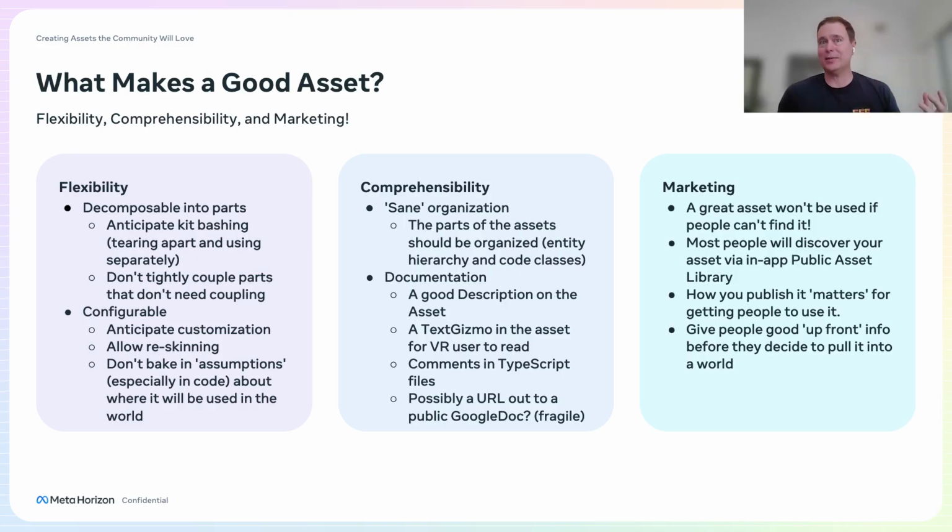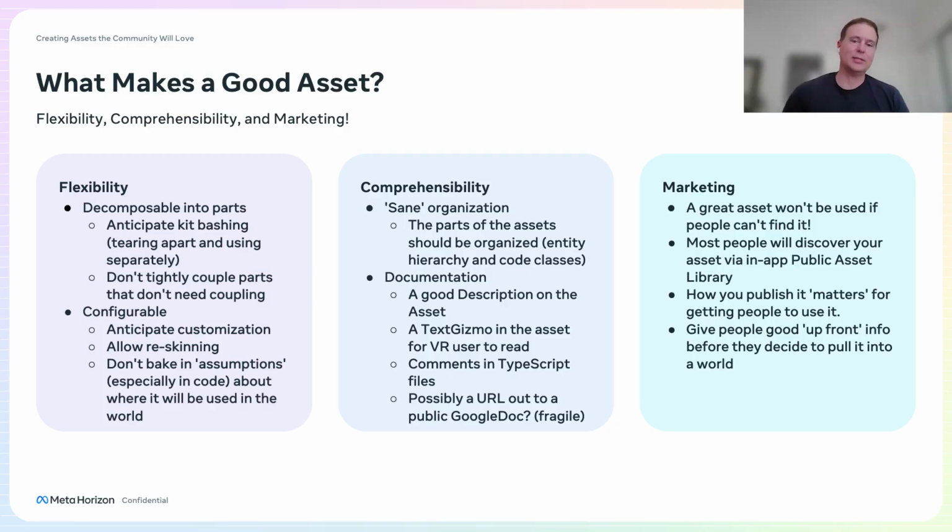You can include a text gizmo in your asset, something they're just going to see and then delete. This text gizmo has a bunch of descriptions about what the asset needs and what you're going to need to do to wire this asset together to use it in your world. That's really useful, especially for VR creators, because it's a lot harder for them to open up the TypeScript code to look at it.